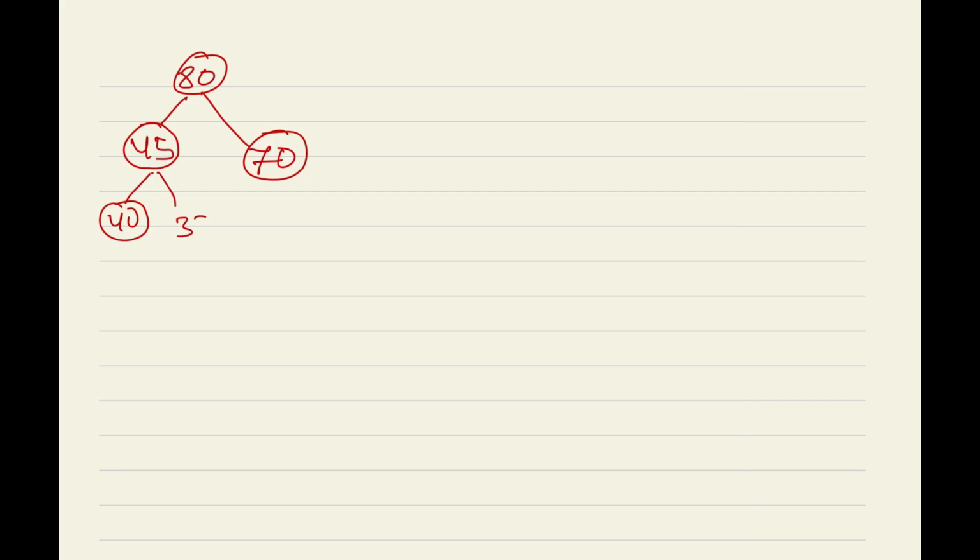The heap is like this: 80, then 40, then 70, then 45, then 35, then 50.